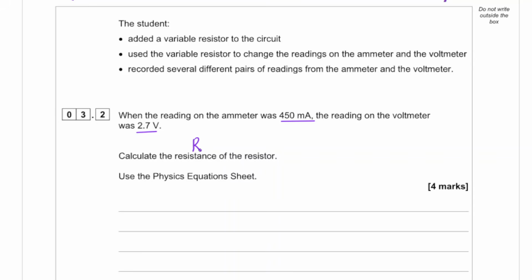So resistance is capital R. The voltmeter reading, that's V, and that's I. So we are going to use the equation V equals IR. Now before we do that, let's convert 450 milliamps to amps. You would divide that by 1000, so you would get 0.45 amps, which usually carries 1 mark here.